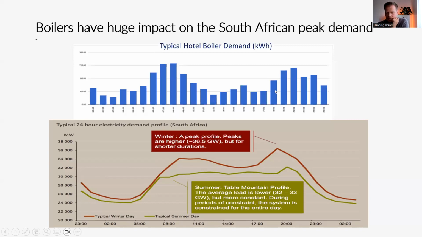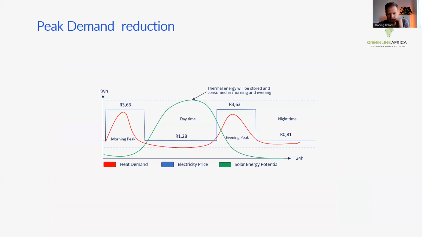And then it goes up again between 6 in the evening to about 10 at night. And this is an example of the South African electricity grid, where the country's electricity grid is peaking at the exact same times as most boilers are going on and off.